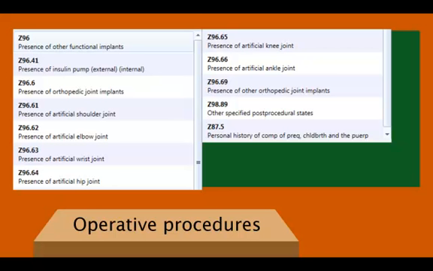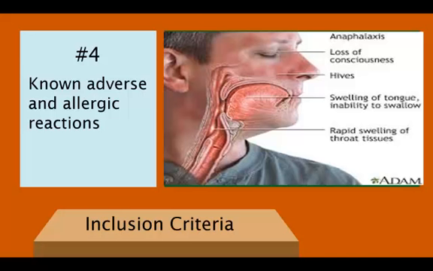So there's also a category for that in the ICD-10 favorites. Again, you're not going to find every code there, so you may have to search for them. If you search Z96 point something, you're going to find all of these operative procedures there.